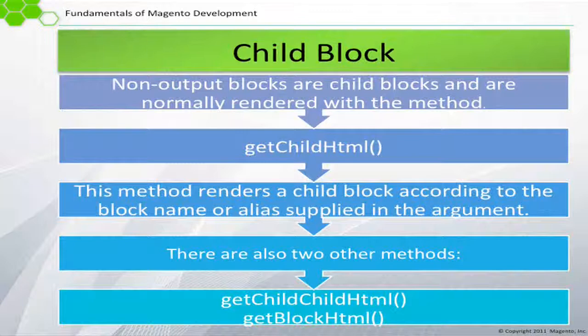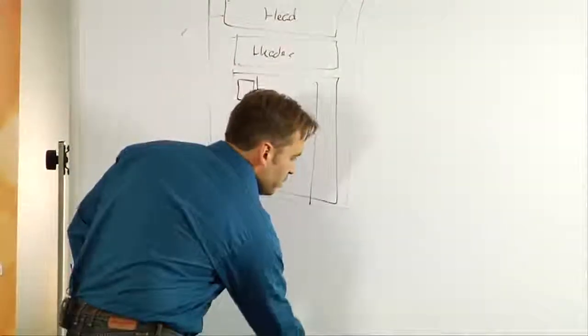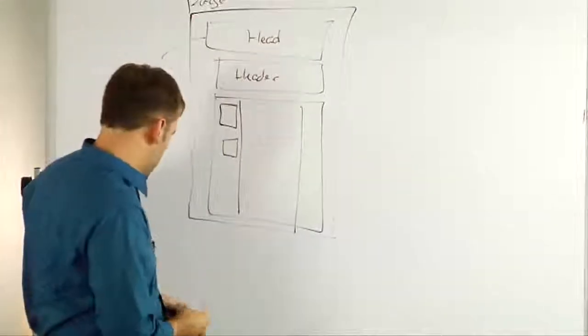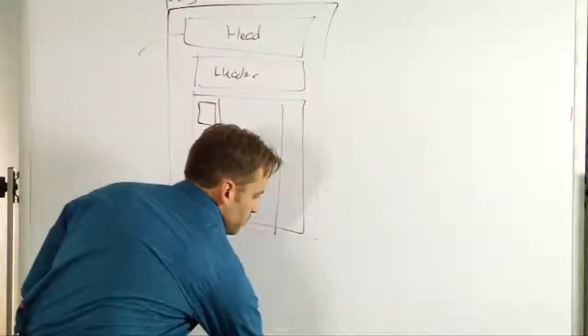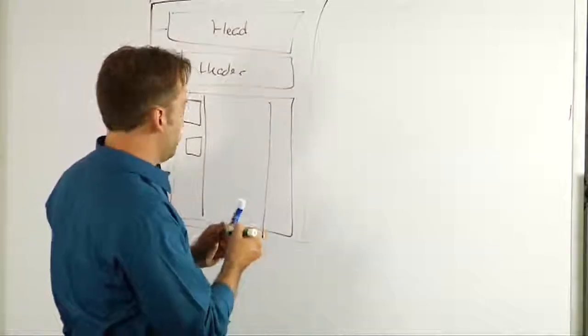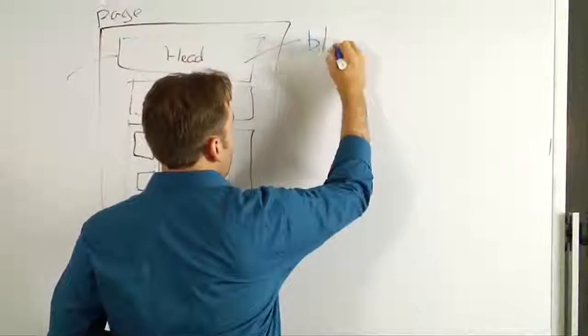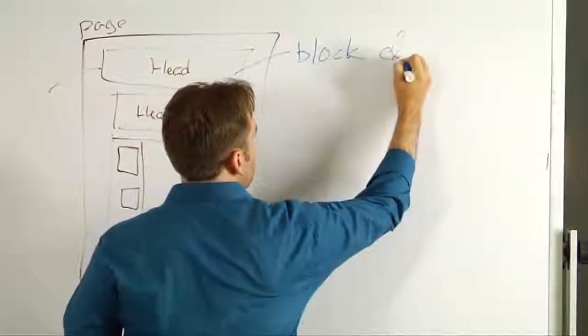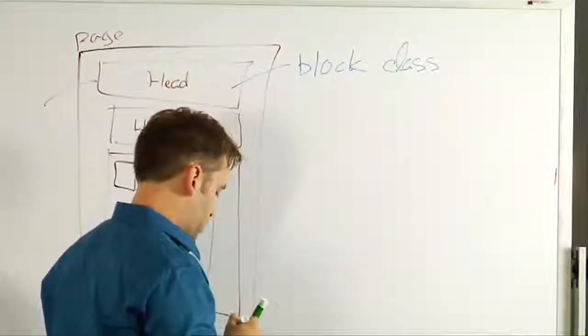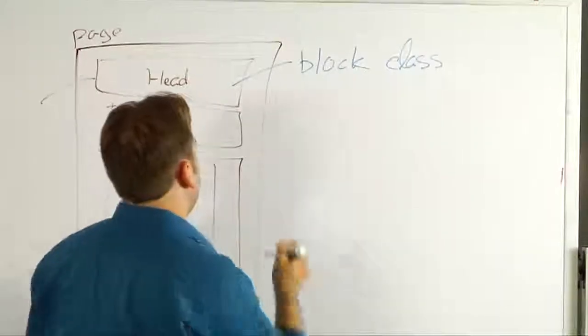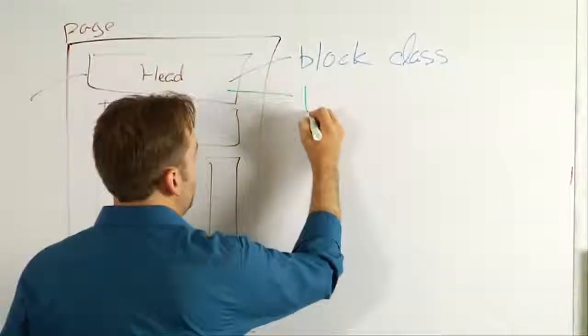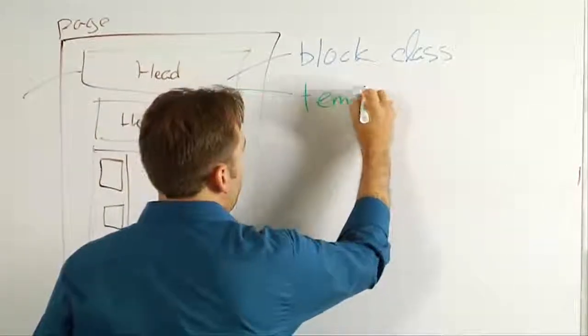Blocks. Again, let me interject here. The blocks are the thing in Magento. So, any one of these things is really almost always going to be a combination of two components: some block class and some template file.